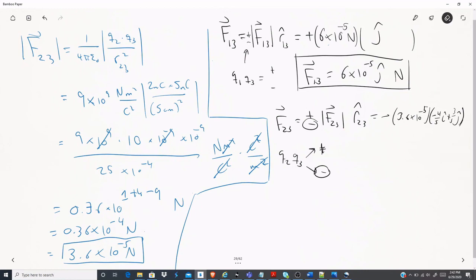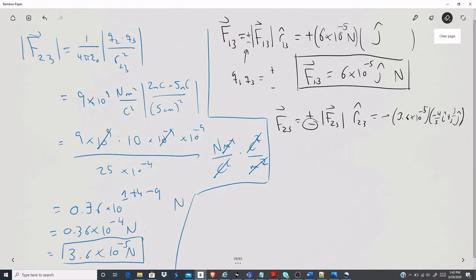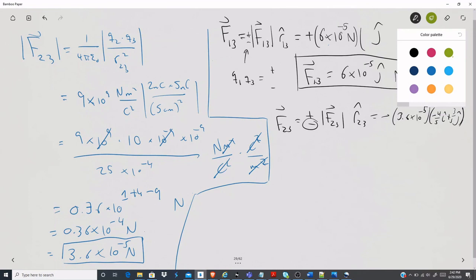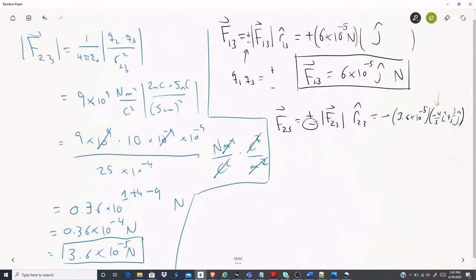So I've got to multiply 3.6 times 4/5 and 3/5. First I'm just going to convert these numbers to decimal. 4/5 is the same as 8/10, so that's just 0.8. 3/5 is the same as 6/10, so that's just 0.6.